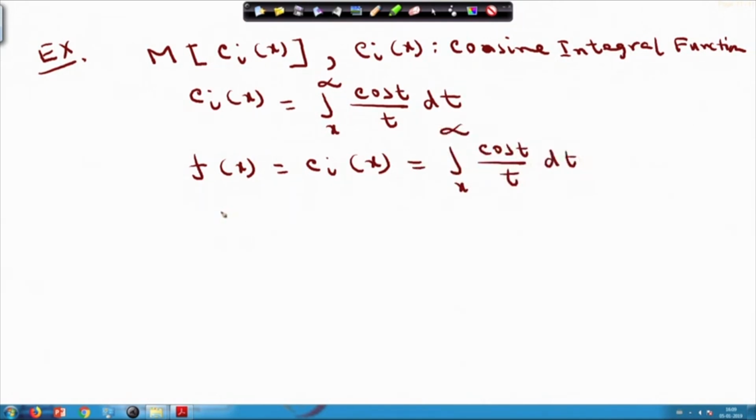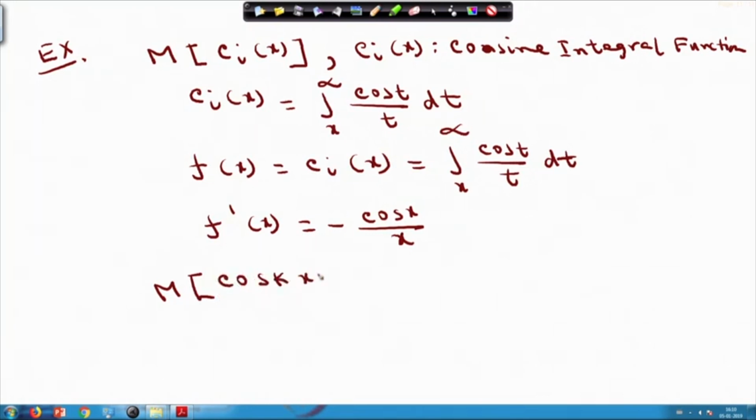If I differentiate with respect to x on both sides, then I will obtain f dash x equals minus cos x by x. Again, I am doing it using the Leibniz integral formula. So, your f dash x is equals to minus cos x by x, and the Mellin transform of this thing we have done earlier.